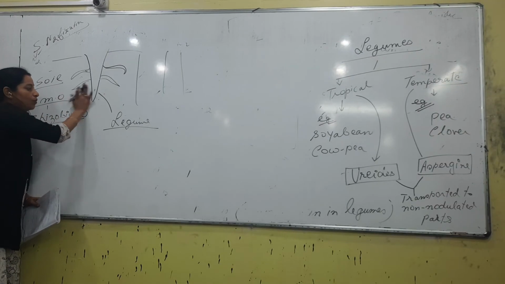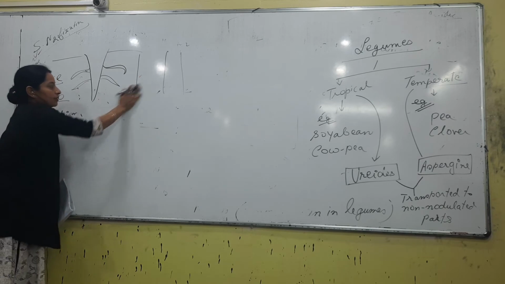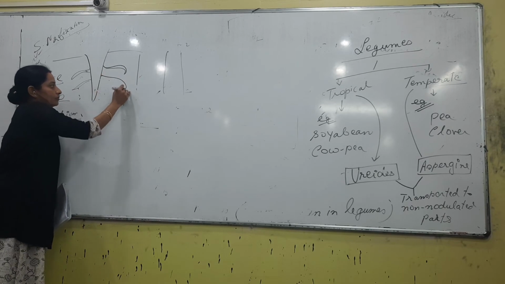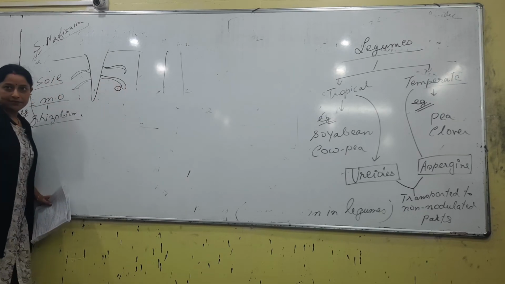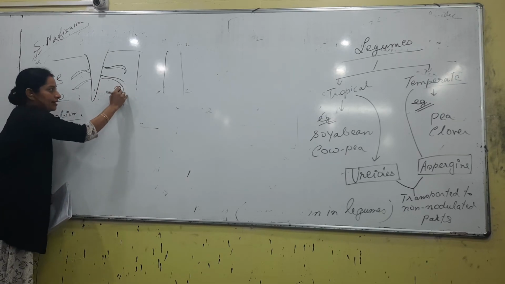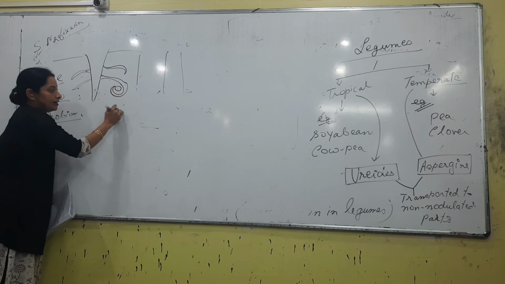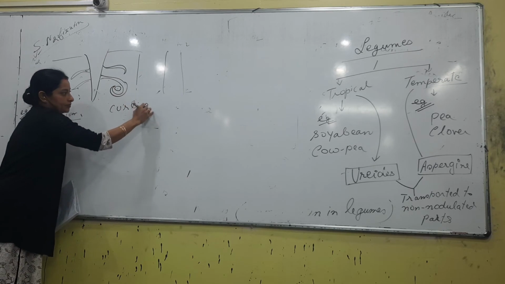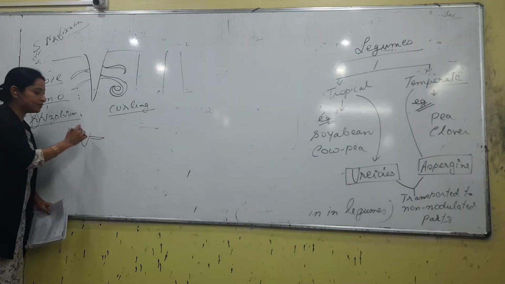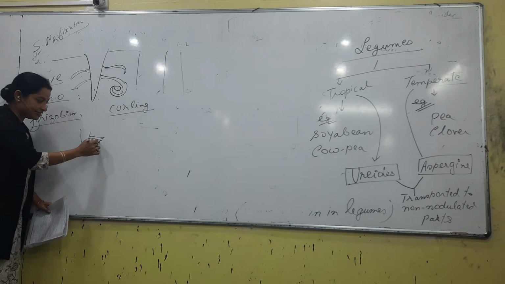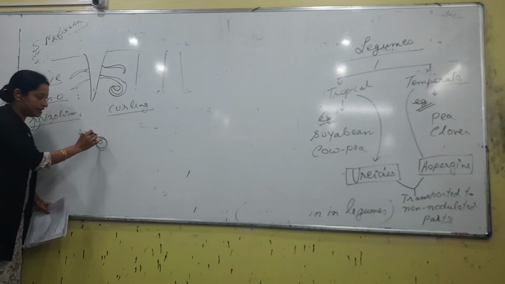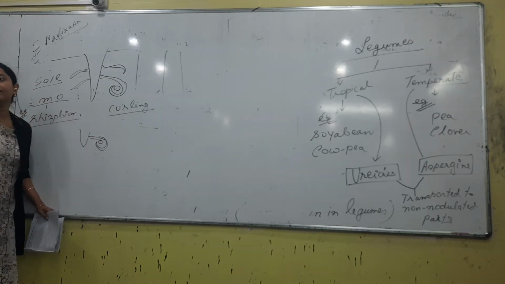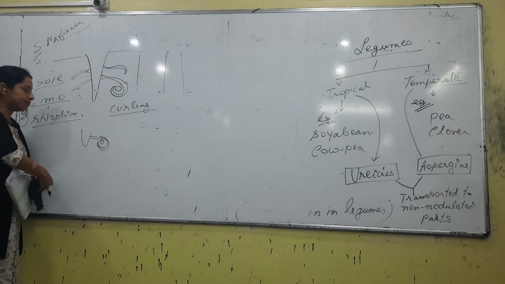What happens once the rhizobium reaches the root hair? Curling, right? The root hairs were like this. Once the rhizobium goes nearby, it curls because it has to entrap that rhizobium, right? That's the first step.